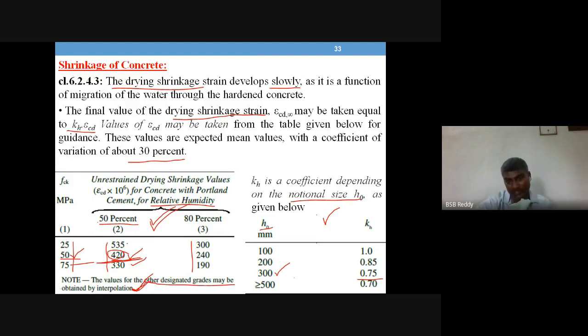If the h naught value is less, your drying shrinkage value is very high. So as the h naught value increases, values are reducing, and the minimum that happens is only 70%. Okay, 70% to 100% it varies, right?